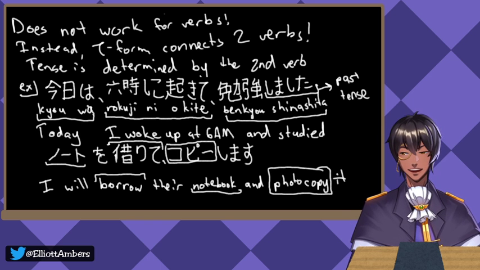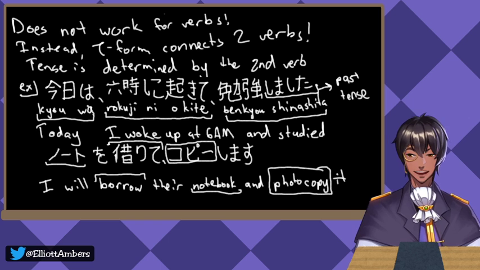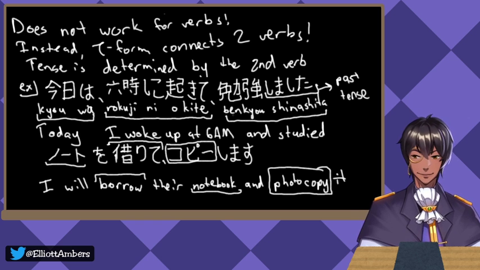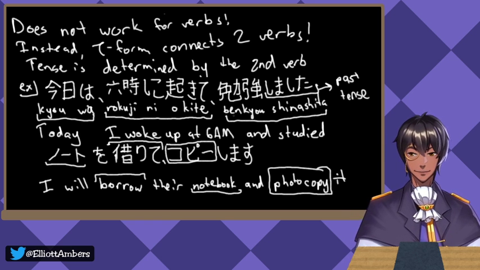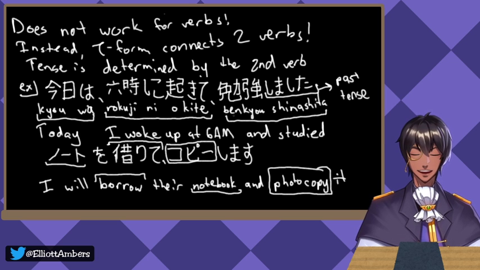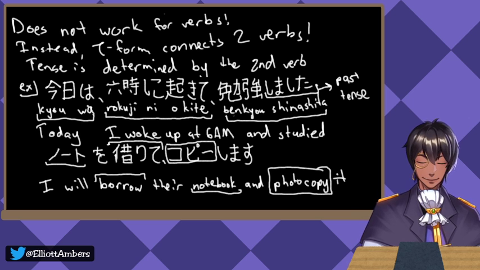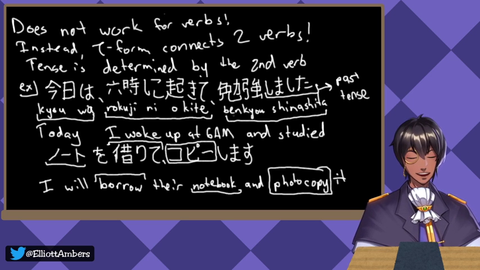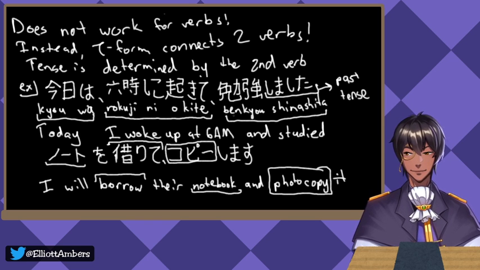That is how we connect two verbs. You can see the two verbs are borrow and photocopy. In the previous one, it was okite and benkyou shimashita. So we are connecting the first verb by using te into the second verb, and the second verb is what's determining that tense. And that's really it for today.